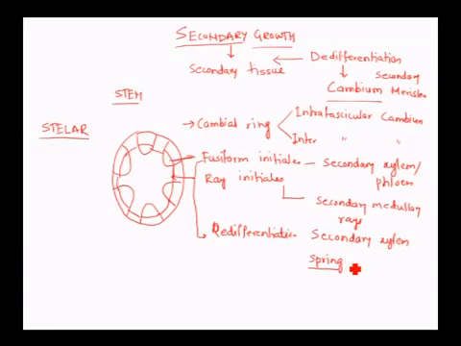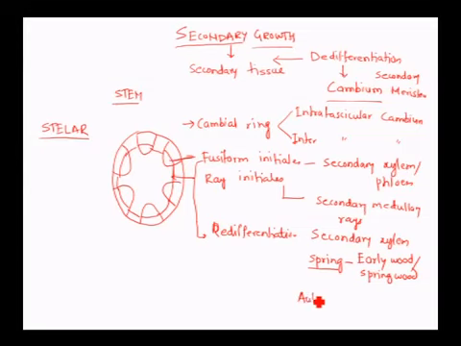In spring season, the plant develops new leaves. So, demand of the water will increase. So, during spring season, a xylem develops known as early wood. Xylem is commonly known as wood. As it develops in spring season, it is known as spring wood.